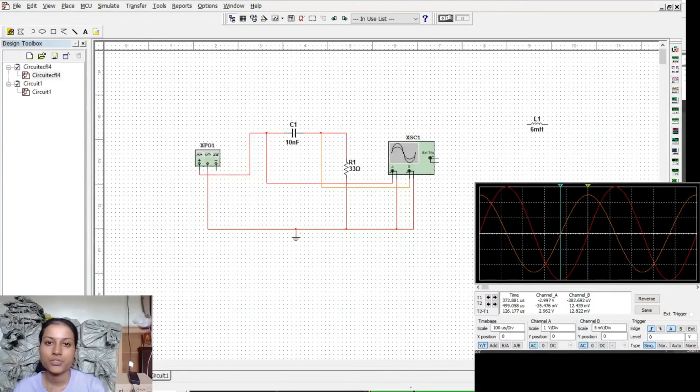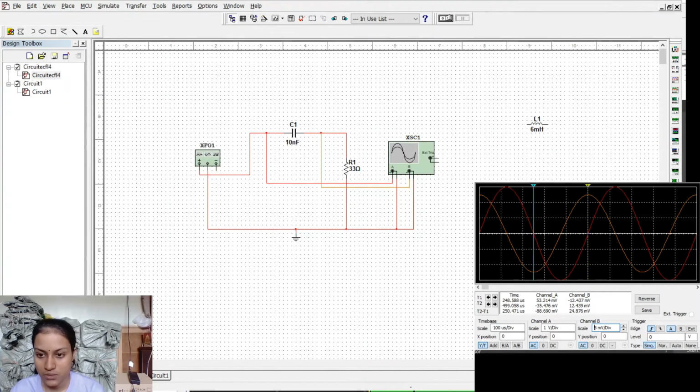Okay, so now I'll show how to determine the phase angle for the RC circuit, which is 10 microfarad. I'll use the circuit that I created during the lab session that day. First of all, we need to determine the period of the signal from each channel.